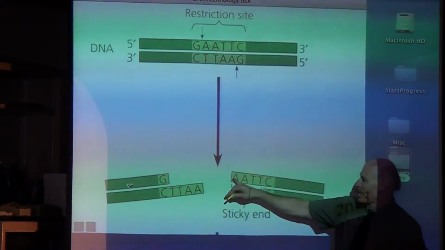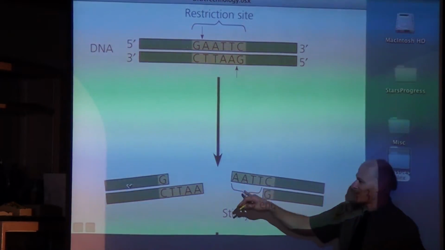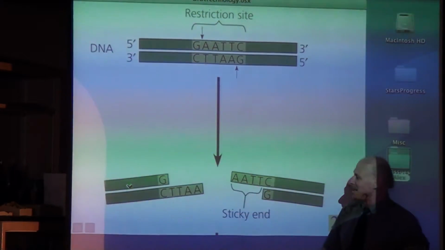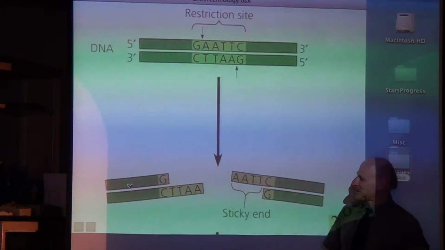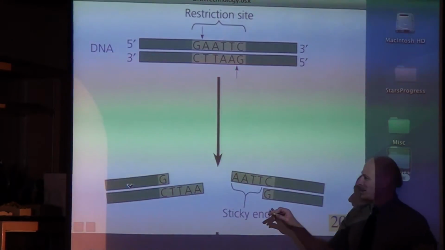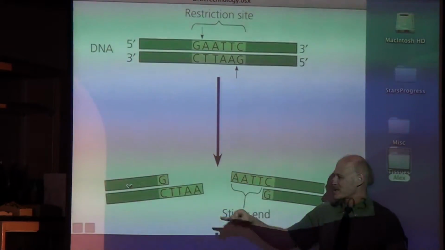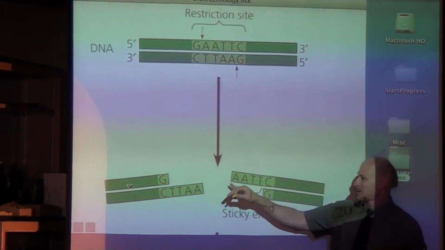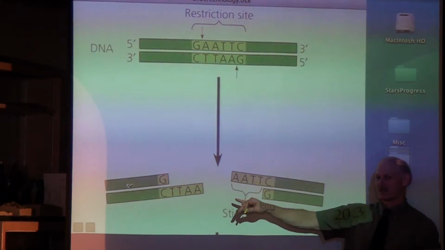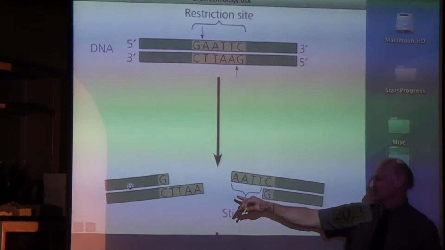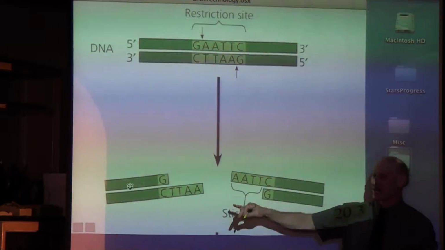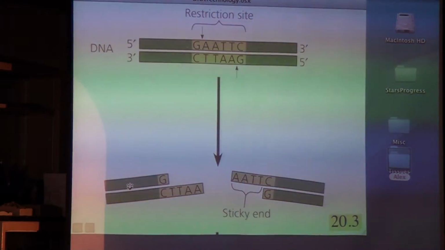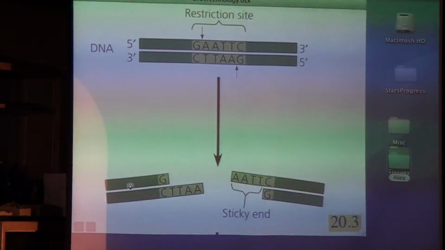And notice that they are. AATT is complementary to TTAA. So the backbone has been broken, but complementary sequences have a certain attraction for each other. Who remembers what type of bonds hold complementary sequences together? Hydrogen bonds, that's right. And hydrogen bonds are not super strong, but they are a type of bond, a weak type of bond.